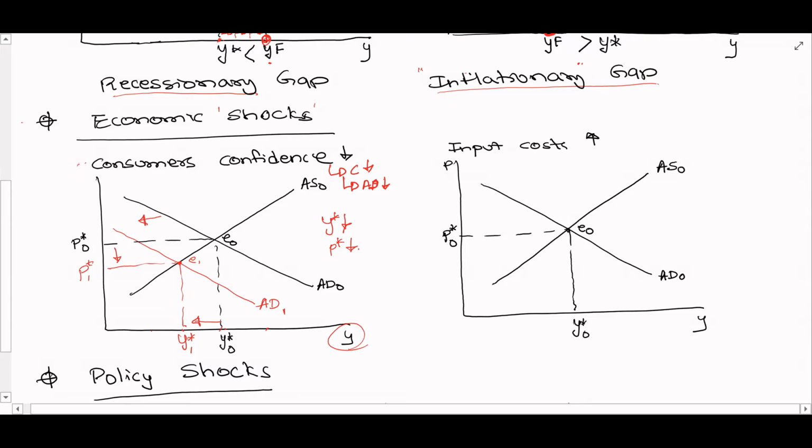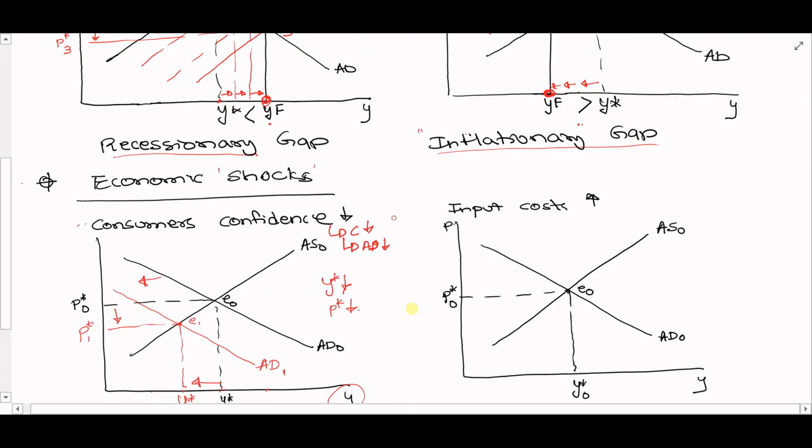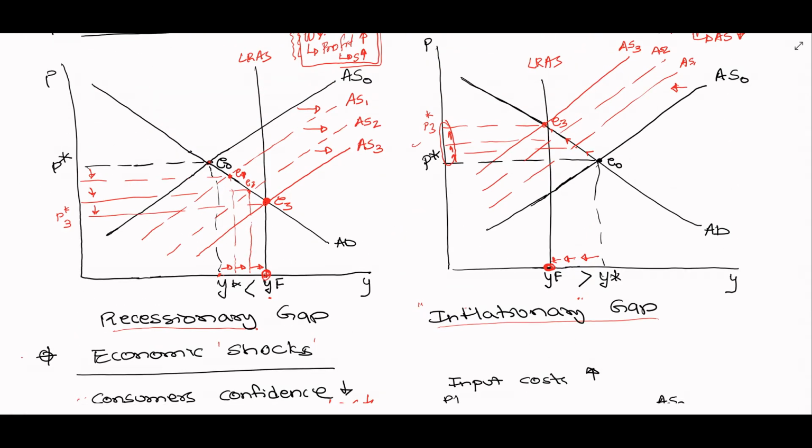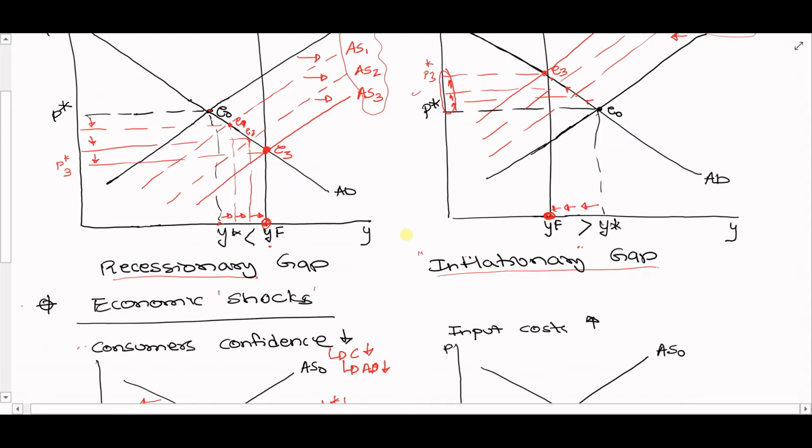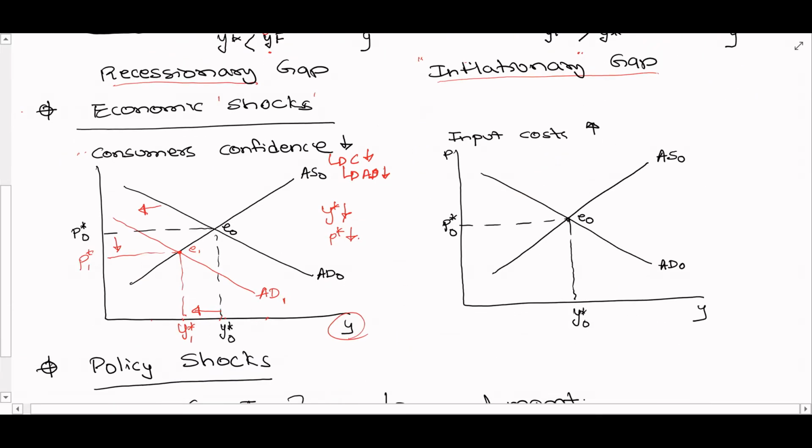What is the self-correcting mechanism again? Anytime you are not at your full capacity, the aggregate supply will start shifting, right? We don't know in this case where our YF is.